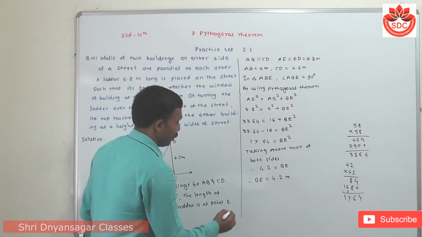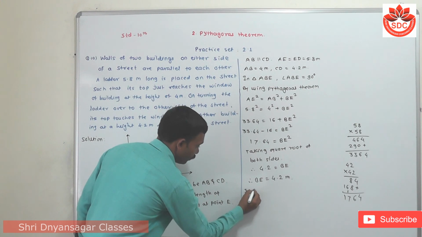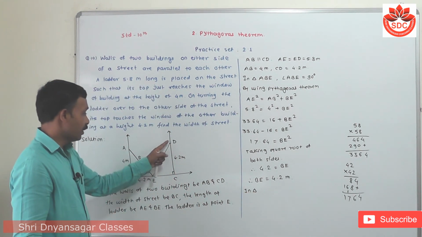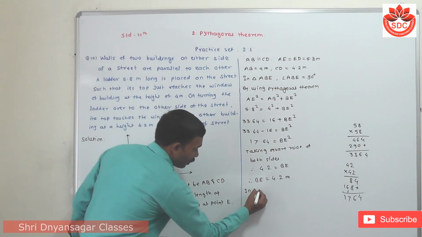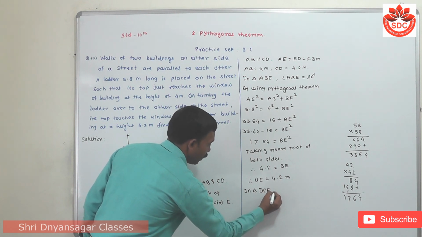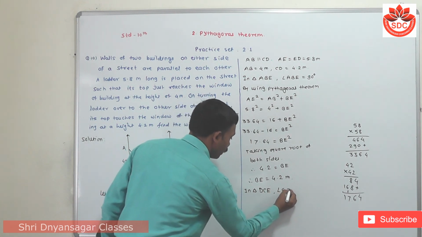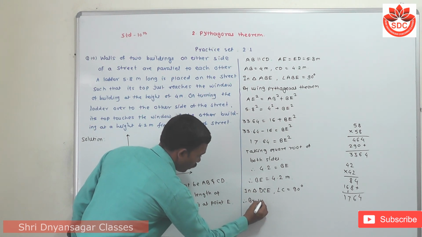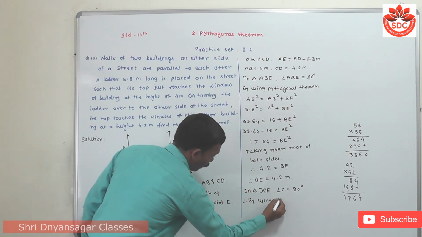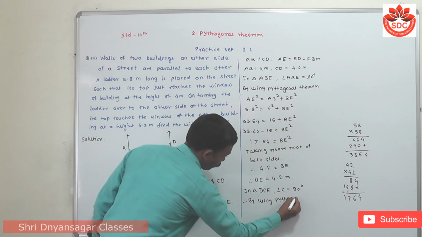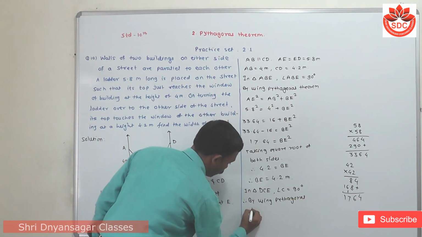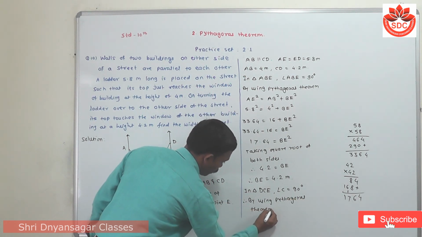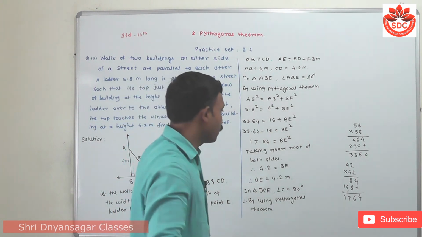Now, in another triangle, DCE, angle C is equal to how much? 90 degrees. Therefore, by using Pythagoras theorem, okay, we use the Pythagoras theorem here.